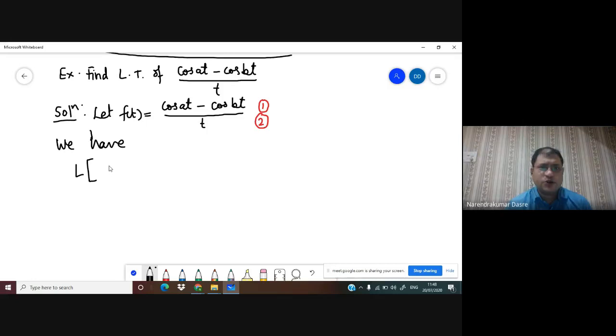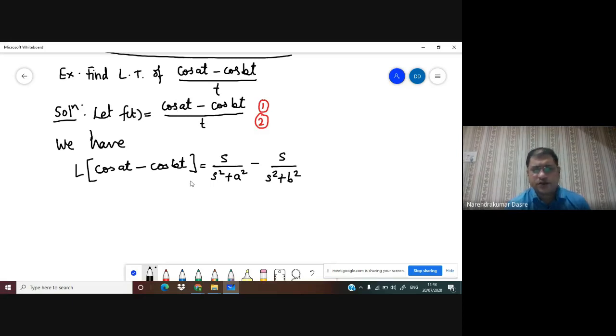So we have cos of at minus cos of bt, and hence we get s upon s square plus a square minus s upon s square plus b square. Using the linearity property, we are able to get this easily. So your step one is completed.